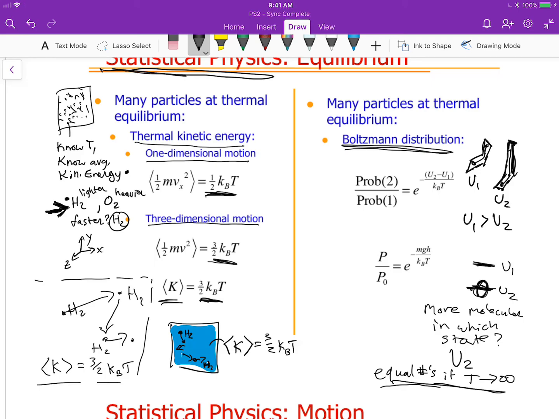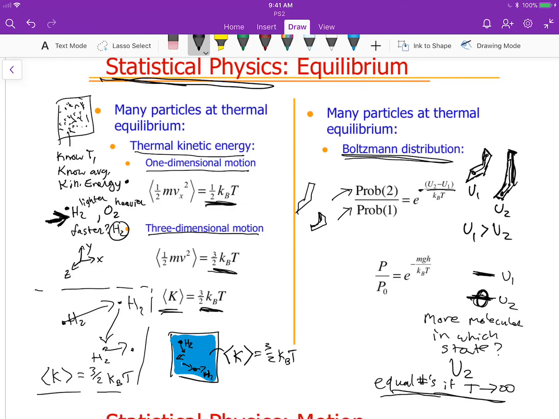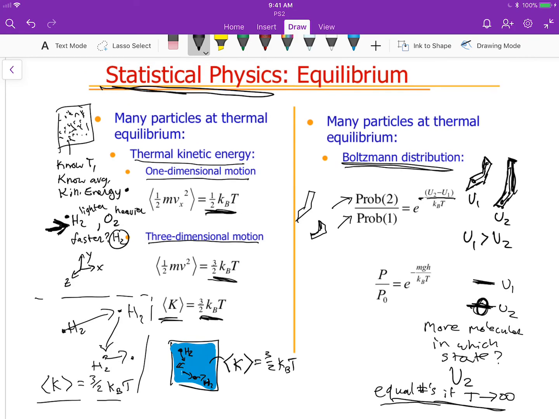I know I just set up the situation and didn't quite describe the equation yet, but the equation is basically saying the probability of being in this shape, and then the probability of it being in this more kinked shape, is given by e to the minus (U1 minus U2) over kBT. And remember, this is just giving you the ratios. It doesn't tell you the magnitude of the number of particles. This is just the ratio here.